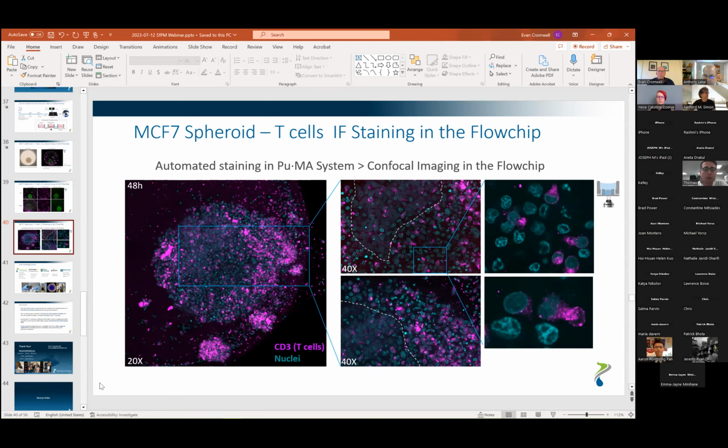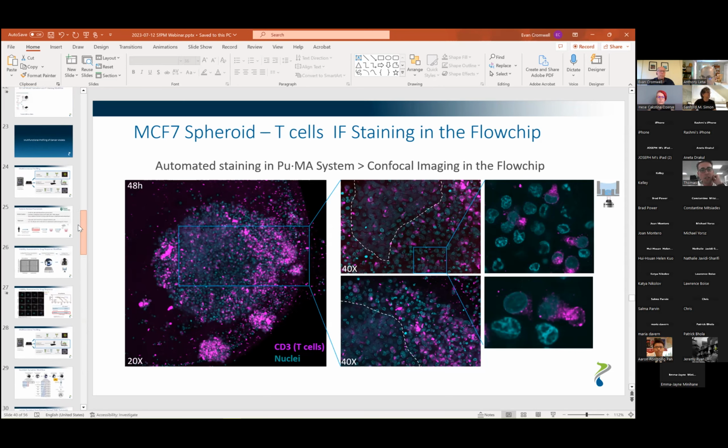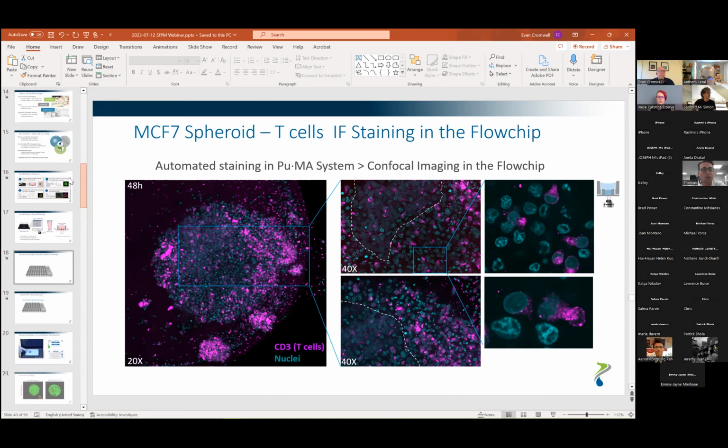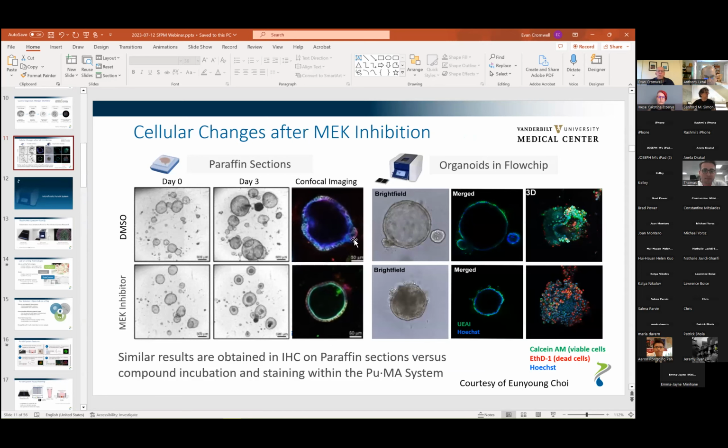Sure. I was wondering about hydrogels. I think you mentioned that you've used Matrigel, specifically as well with the immune cell infiltration. Is hydrogel present in that culture well, or is there no hydrogel present? So in this case, we do have hydrogels present in the well.